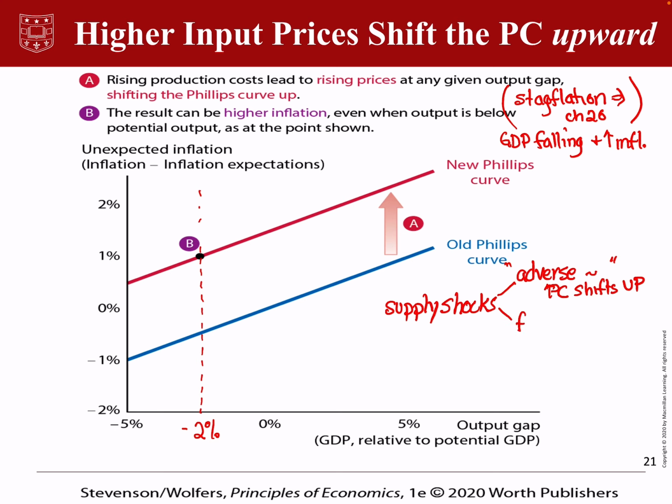And favorable is the alternative, or positive. Favorable or positive supply shocks are the two adjectives you'll hear the most. And that, as we'll see, is going to be illustrated by the Phillips curve shifting downward.